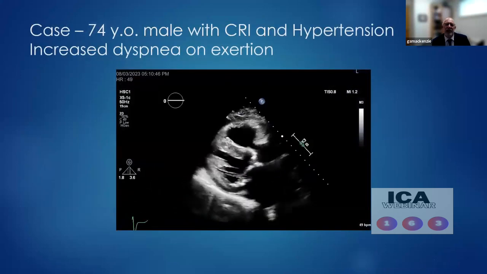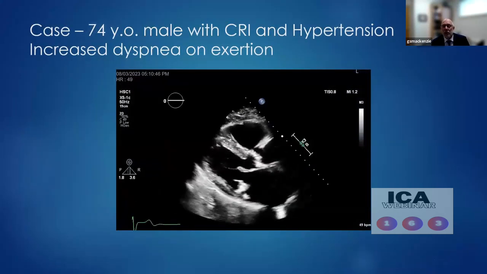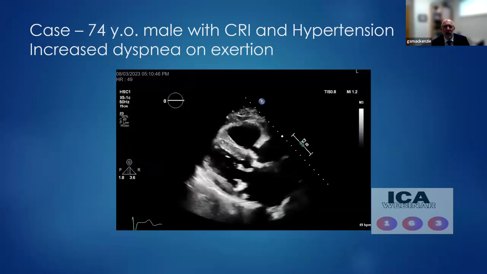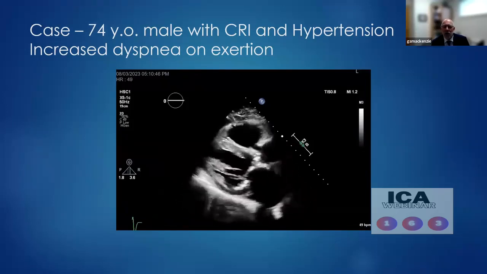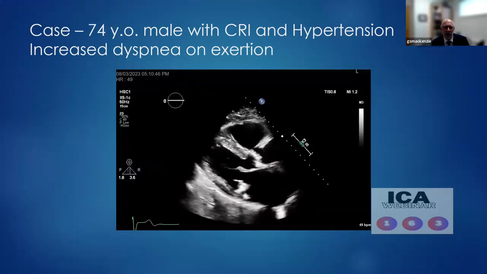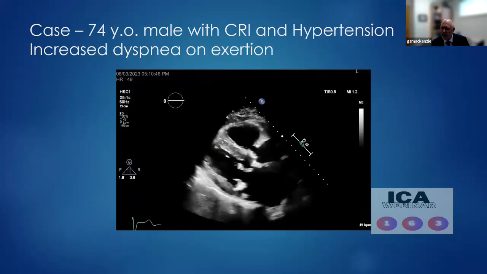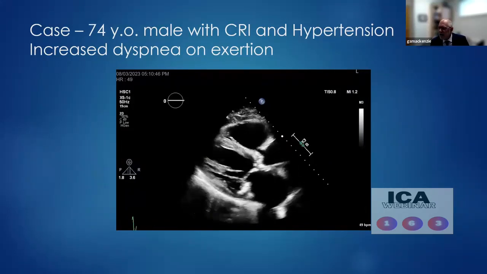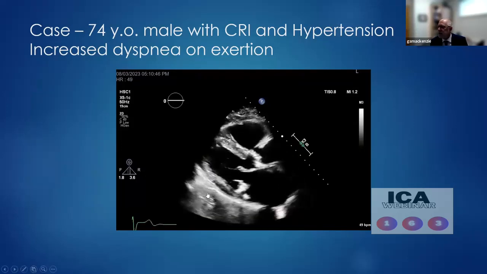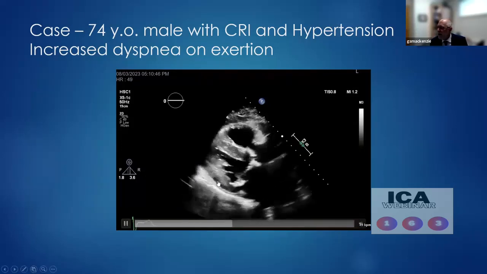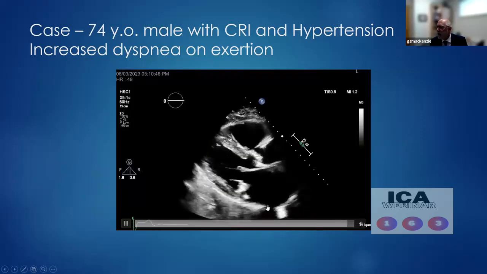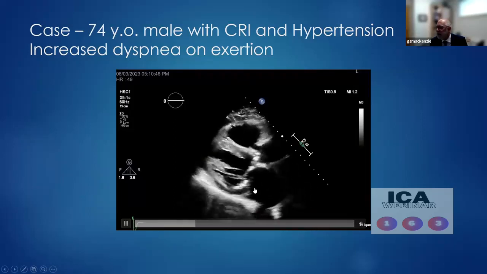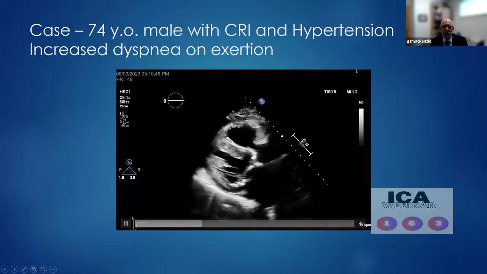Let's look at an example of a patient who has mitral annular calcification. It's a 74-year-old male with chronic renal insufficiency and hypertension who had increased dyspnea on exertion. And again, this is a parasternal long axis view, thick heart, normal systolic function, probably big left atrium, and pretty significant annular calcification shown on the screen here.